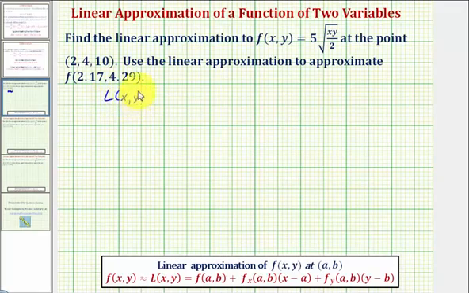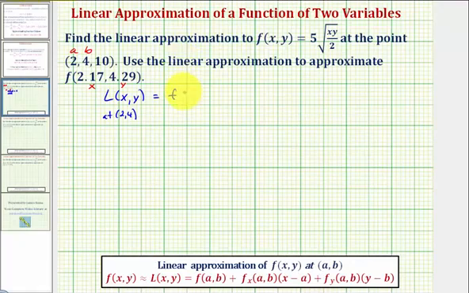So going back to our notes, in our case, our linear approximation, L of x comma y, at the point 2 comma 4 would be equal to f of a comma b. In our case, notice a comma b would be 2 comma 4, and x comma y would be the new coordinates 2.17 and 4.29.